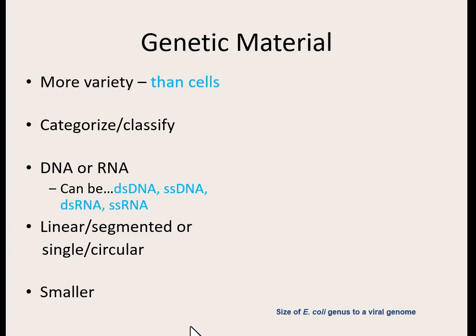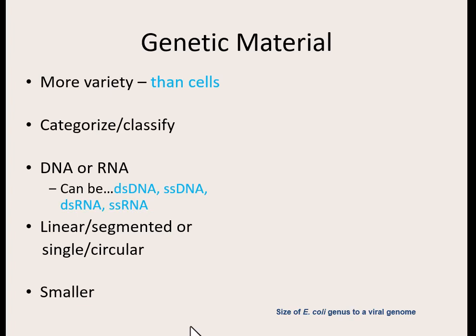And even knowing whether they have DNA or RNA, there's also some variation. If you have DNA, you could have double-stranded DNA, which is pretty normal. You could have single-stranded DNA, which is pretty rare, but some viruses have it. If you're RNA, you could have double-stranded RNA, super rare, but some viruses have it, or you can have single-stranded RNA. Even of the single-stranded RNA, it varies on which strand you actually have.